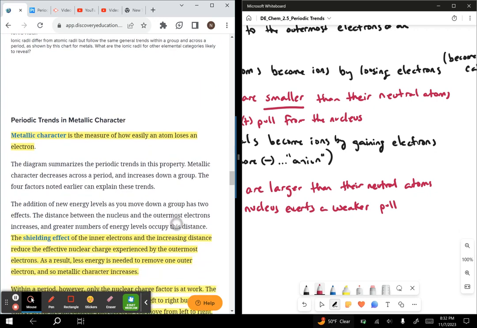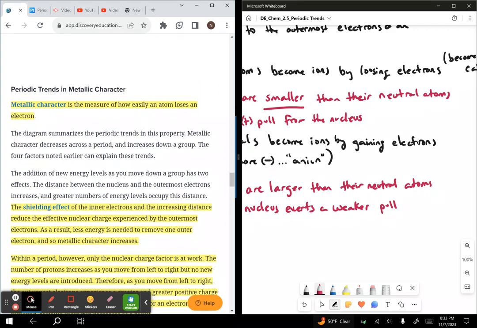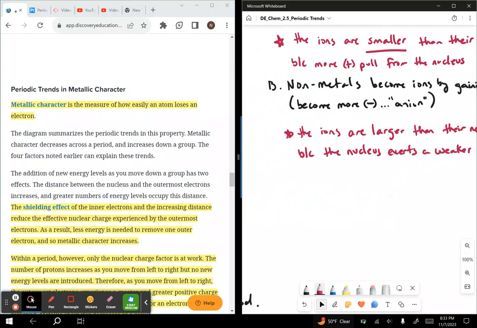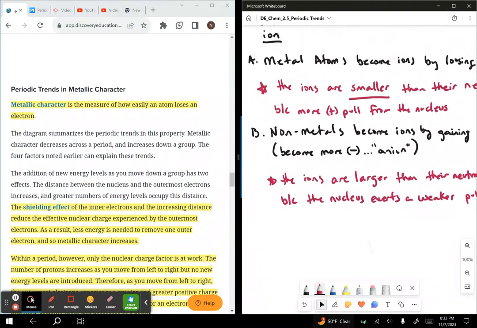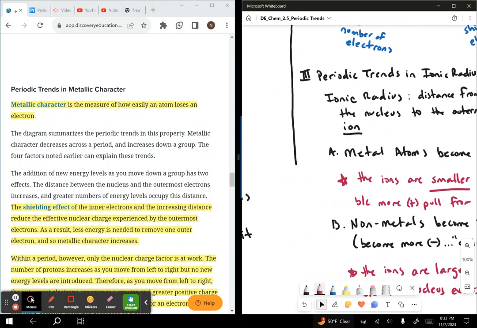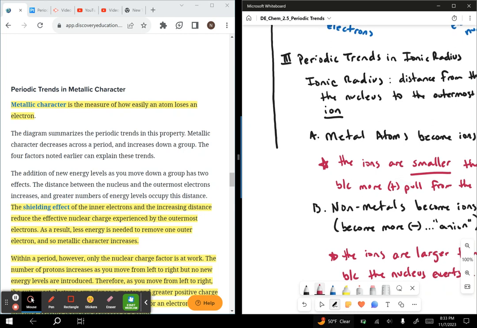All right, let's talk about other things here. Periodic trends in metallic character. What's that all about? I think this is going to become number 4 for us.